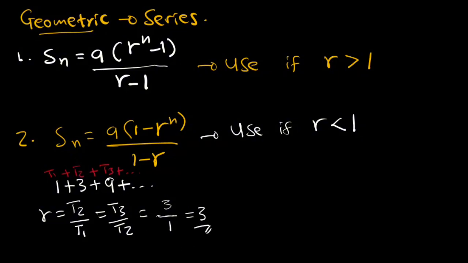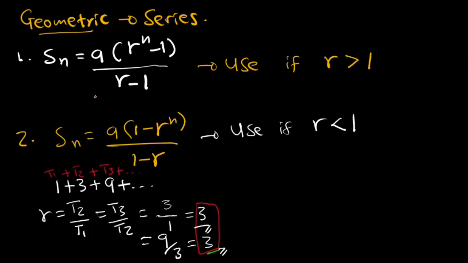Or you can say 9 divided by 3. This will give you 3. Right? I just proved that this is indeed a geometric series. Why? Because the ratio is common.